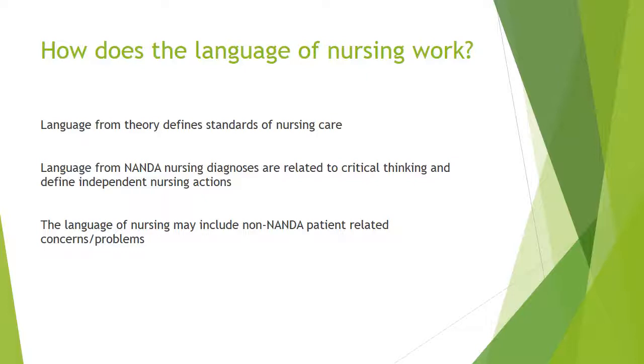And then the language from NANDA uses critical thinking in a form of nursing knowledge and judgment to enact and define nursing actions that come under the independent scope of practice, something you don't need a physician order for. The NANDA diagnosis list is a certain list of words, and there are some things that need to be addressed by nurses within their independent scope of practice that don't fall into the NANDA categories.